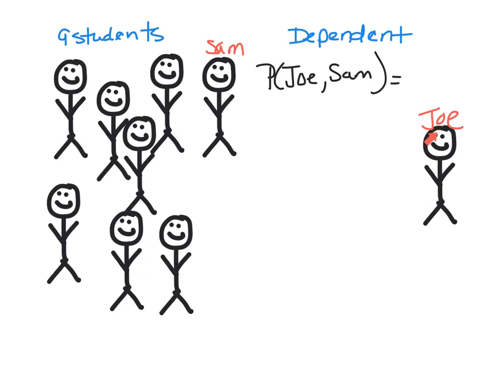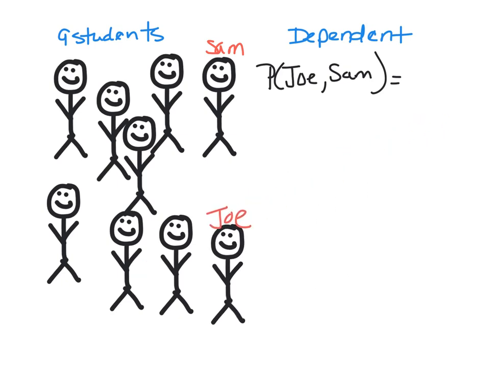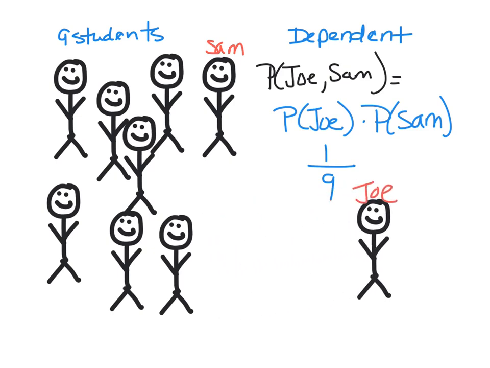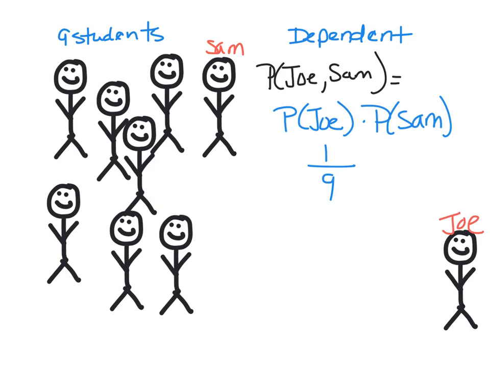So let's put Joe back into the group, and we want to find the simple probability of first picking Joe, and then we're going to multiply it by the simple probability of then picking Sam. So the probability of picking Joe is just one person out of a total of 9, and once Joe is selected and he's removed from the choices, instead of 9 students, I now have 8 students.